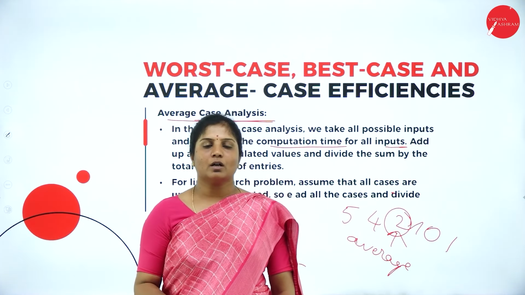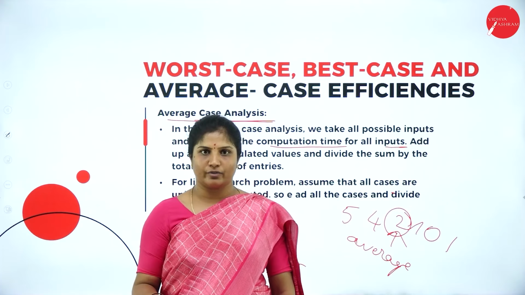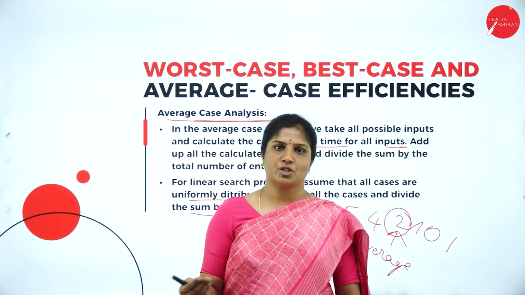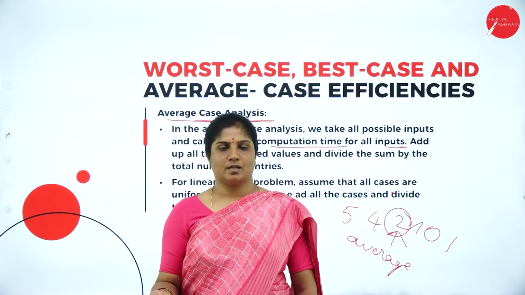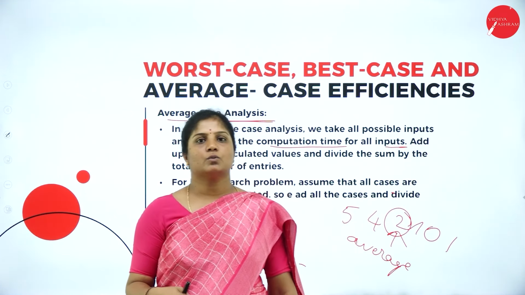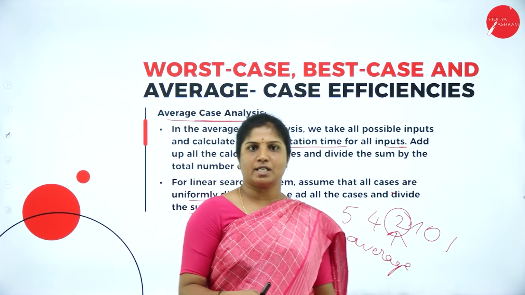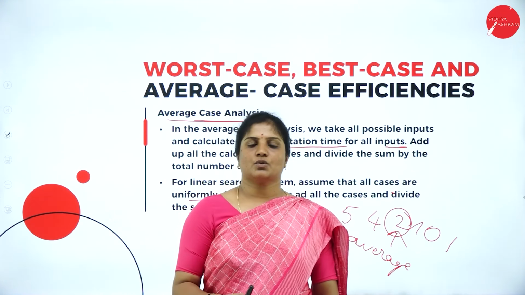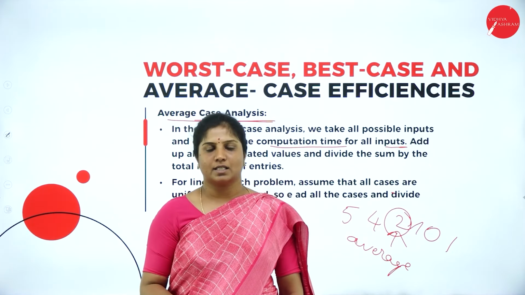Then we studied algorithm problem solving. Next, we found out about algorithm efficiency, that is, what the running time is and how we need to calculate it. Then the worst case, best case and average case efficiency. Then order of growth. All these things we discussed in this session.